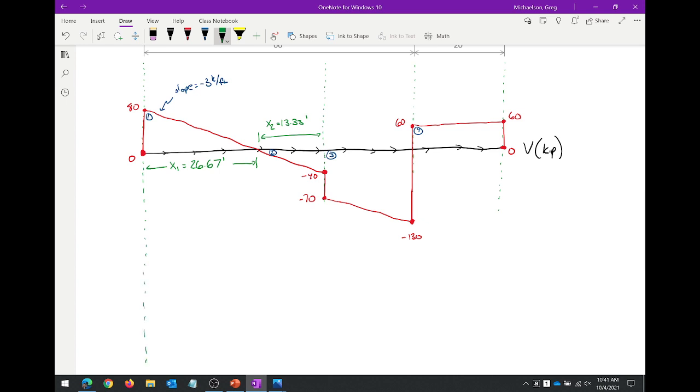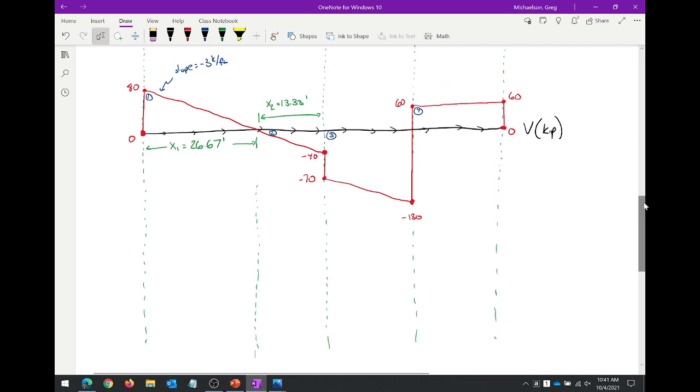Now what I'm going to do is this, okay? I'm going to continue my guidelines down, but let me show you something. See this point right here? See this point where the shear diagram crosses 0? Okay, I'm going to make another little guideline that goes down like that because that's kind of an important point.